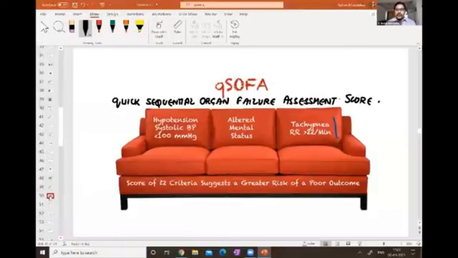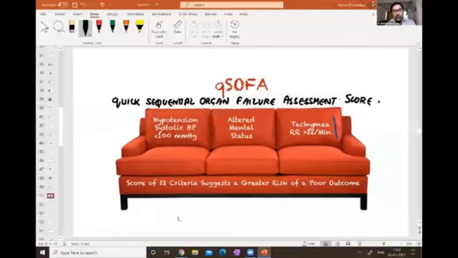Another very important question which was asked last year in the exam and in various other exams, this has been asked multiple times, is Q-SOFA. Q-SOFA is quick sequential organ failure assessment score, and this includes 3 parameters: hypotension less than 100, altered mental status, and tachypnea more than 22.